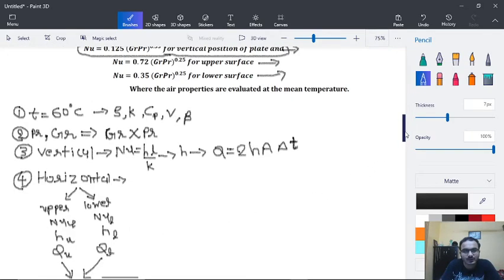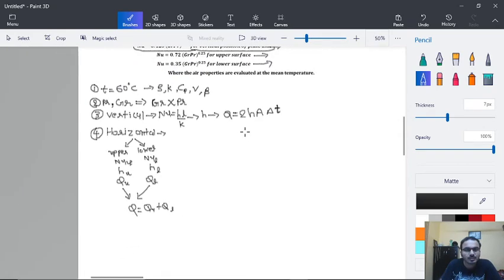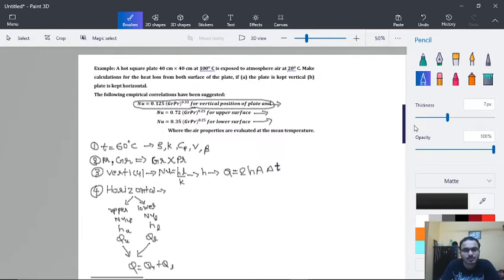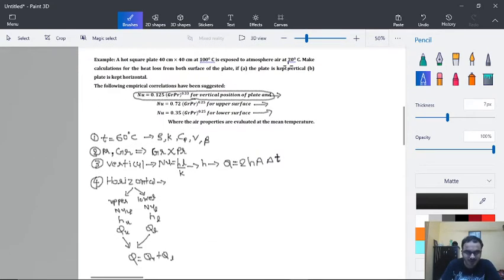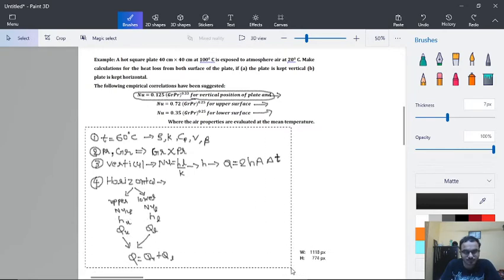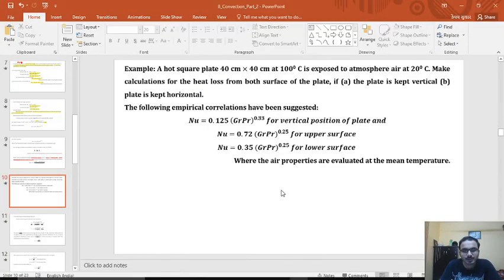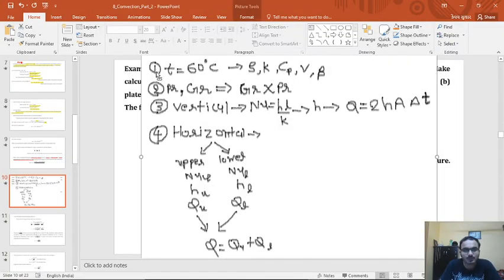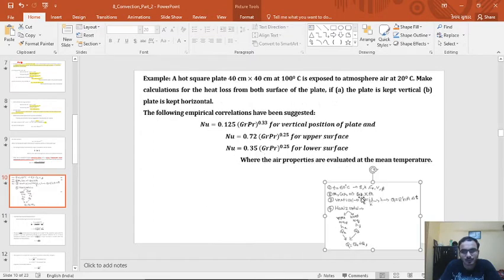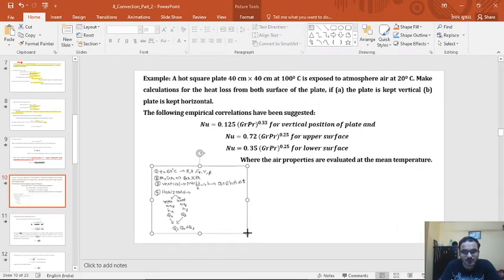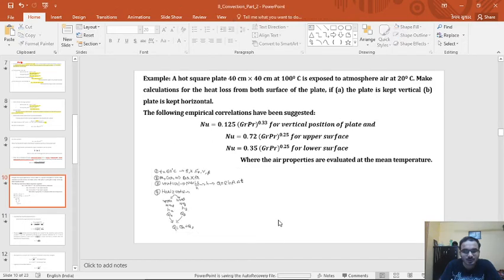In this way we can obtain the value of heat transfer through this hot square plate. We are not going into detail of the calculation part. I have just explained the methodology that we should follow. This is very roughly written over here, and I would suggest you do this by yourself.